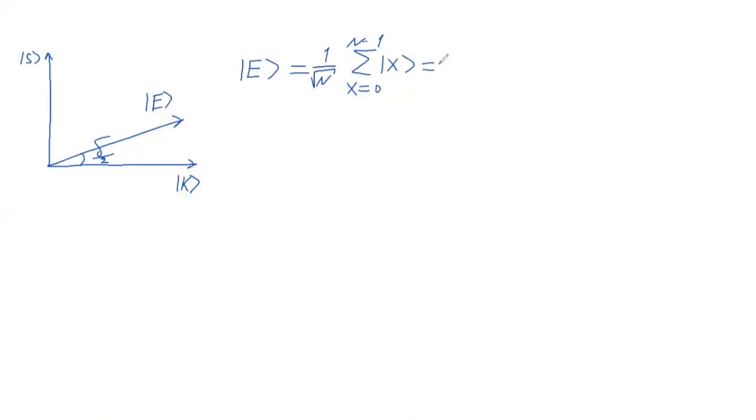Now we can take out one term that corresponds to the solution. So we'll write separately 1 over square root of n ket s, and then the rest of the sum will be the sum of all non-solutions. So we will write the sum over all x not equal to s, up to n minus 1, of ket x. But we already used the sum of all non-solutions when we defined vector k.